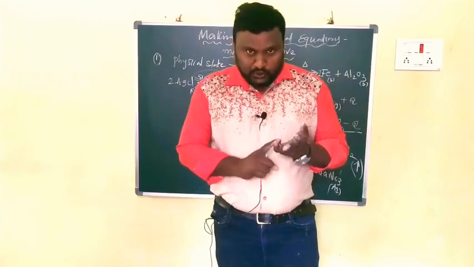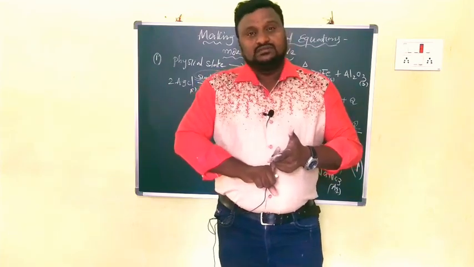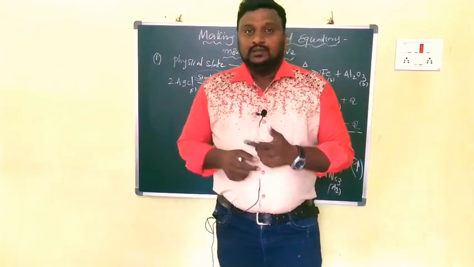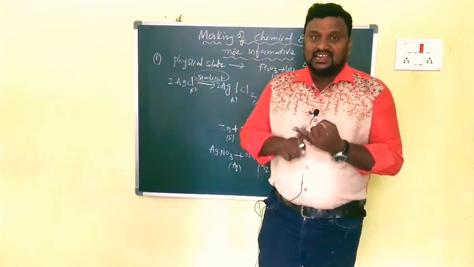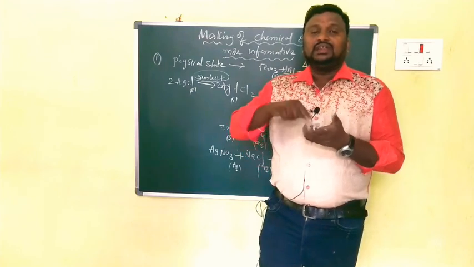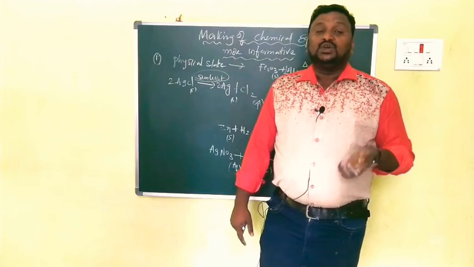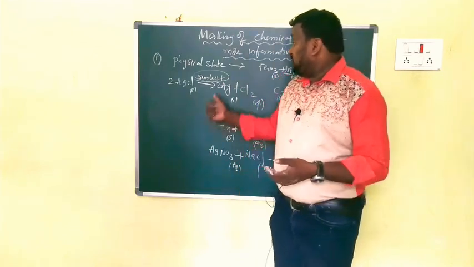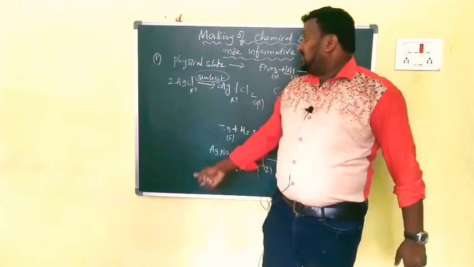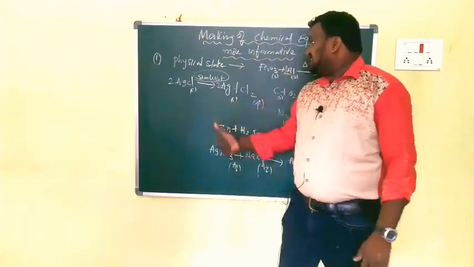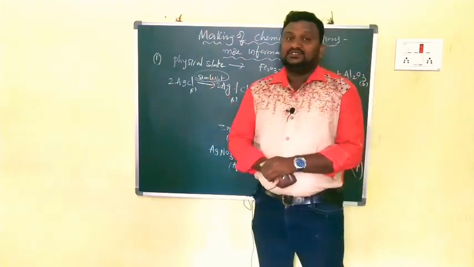If we use a catalyst, temperature, pressure, sunlight, or electrolysis, you have to mention that above the arrow mark. So here 2 AgCl, in the presence of sunlight, gives rise to 2 Ag plus Cl2.